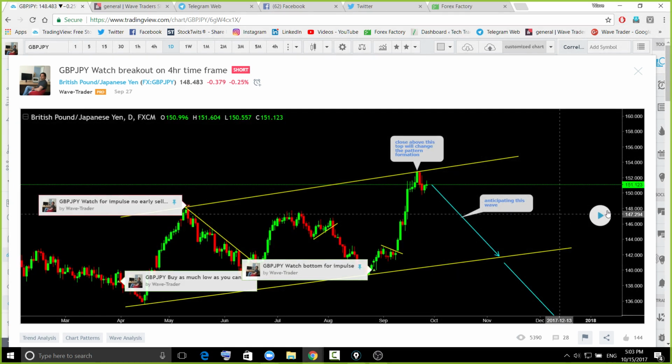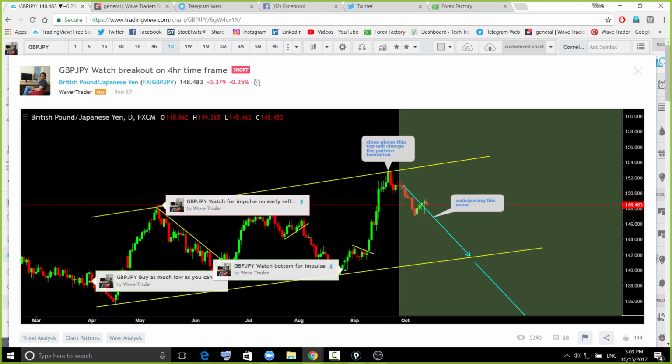That was the chart. If you remember last week, I told you we may see that formation when it was somewhere around this area. So that formation is forming over there.